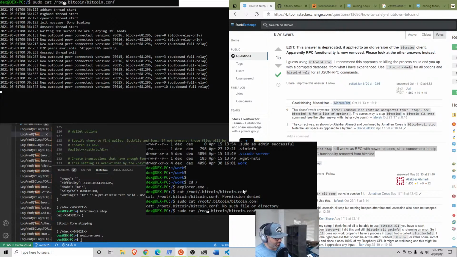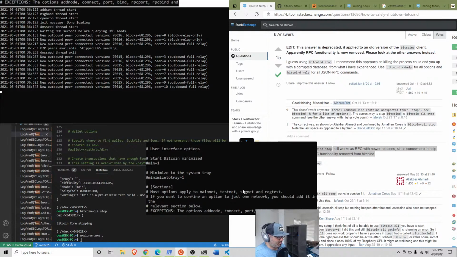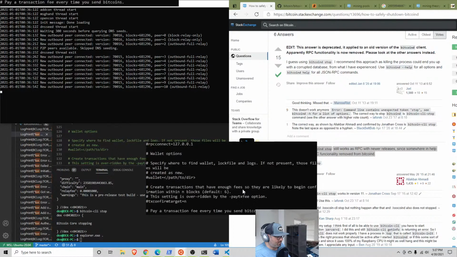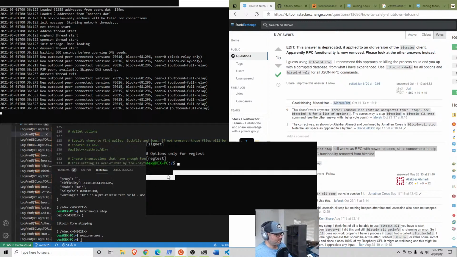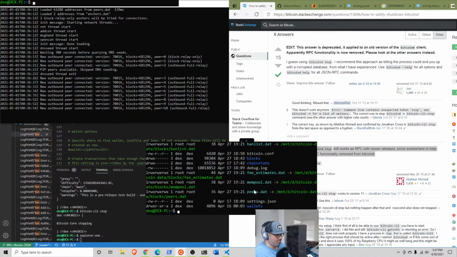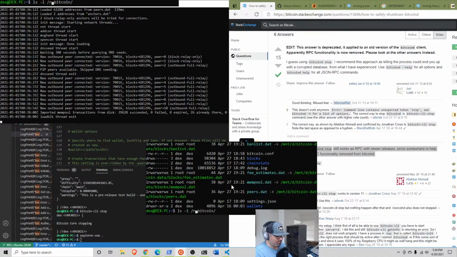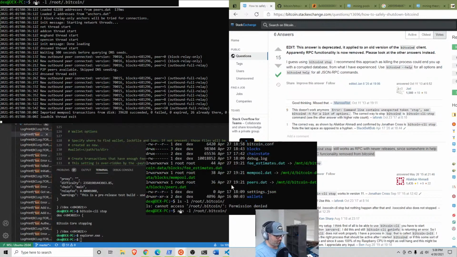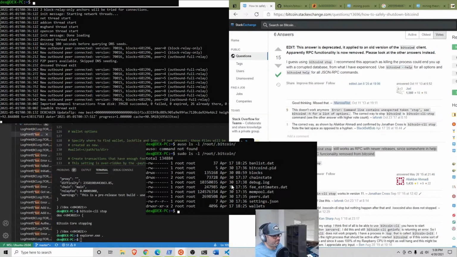So root is just blocks, April 27th. April 30th.